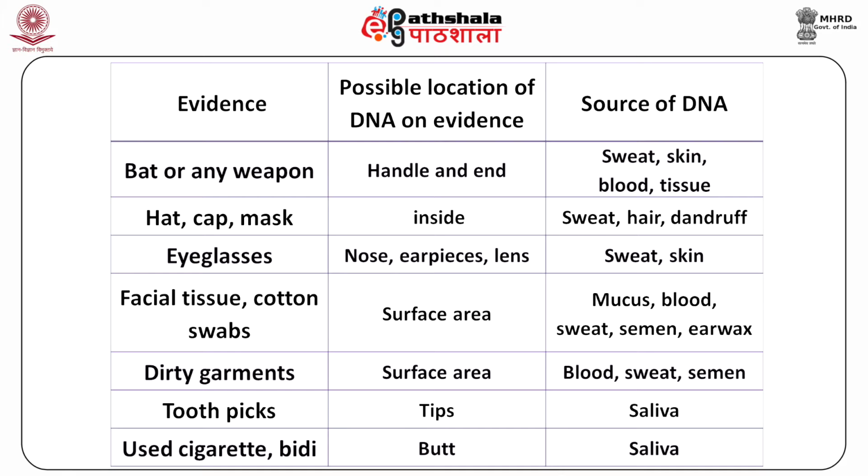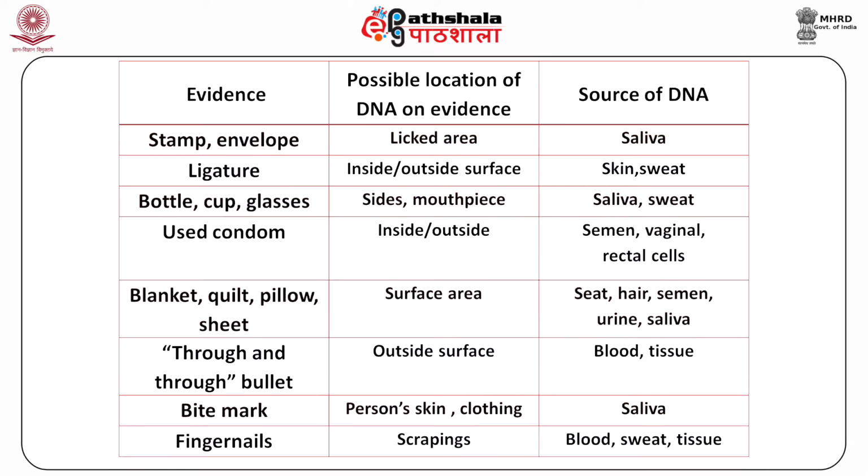Toothpick, if found, tips can contain saliva, which should be the source of DNA. Used cigarette or bidi butts, the saliva shall be the source of DNA. Stamp or envelope, their licked area shall contain DNA.